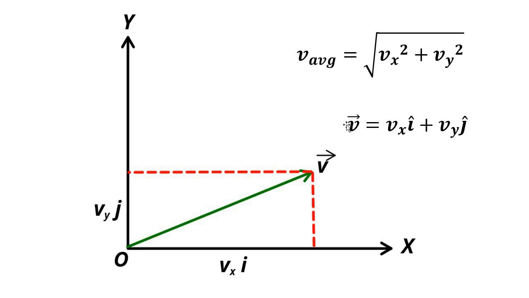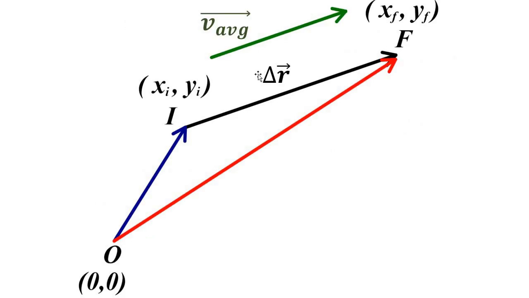The average velocity is the magnitude of this vector, which is root over Vx square plus Vy square, the sum of the squares of the individual x and y components. Another interesting thing: the average velocity vector is always directed in the same direction as the displacement vector. It means the average velocity vector will always be parallel to the displacement vector.